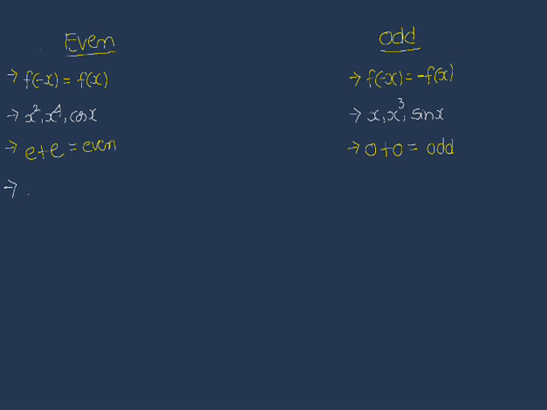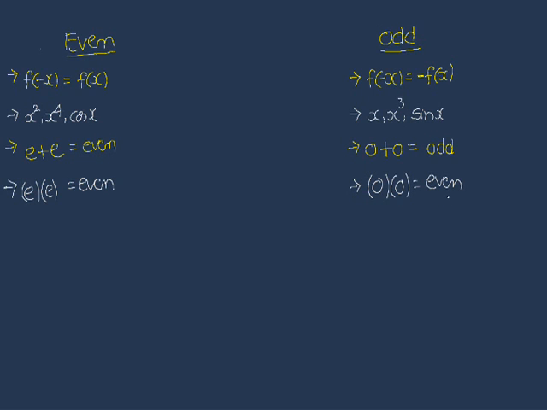Next, one more property, the product. An even function into an even function is again an even function. An odd function into an odd function, this product is an even function.